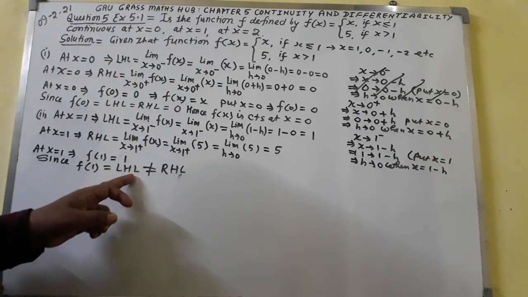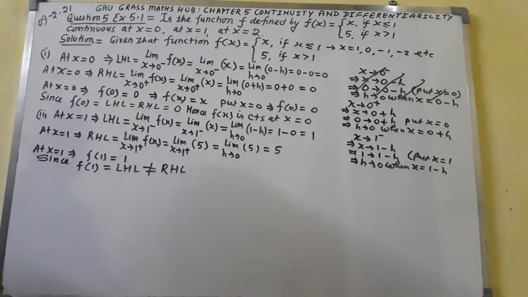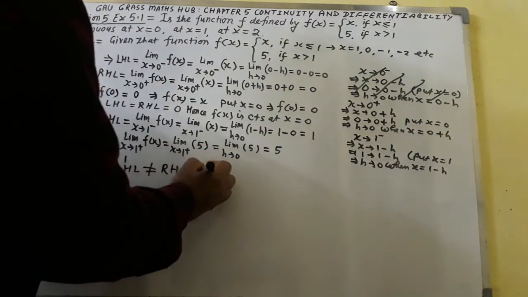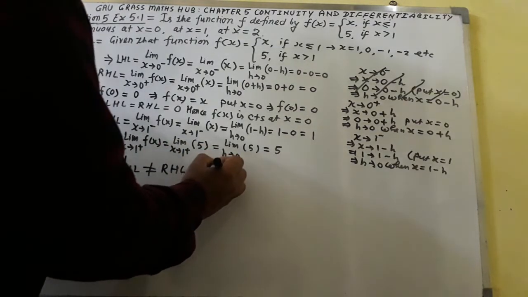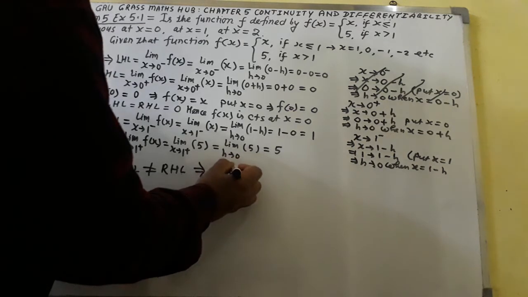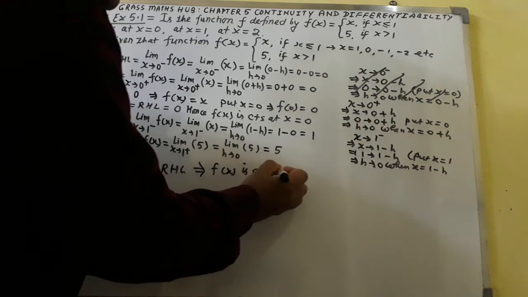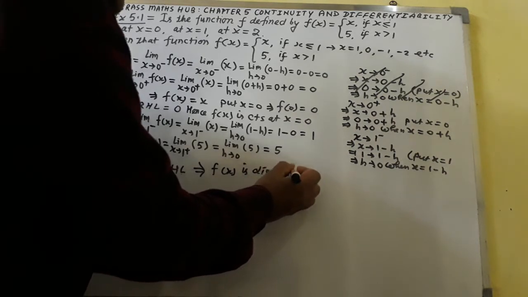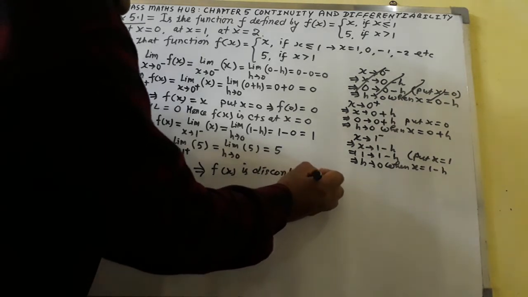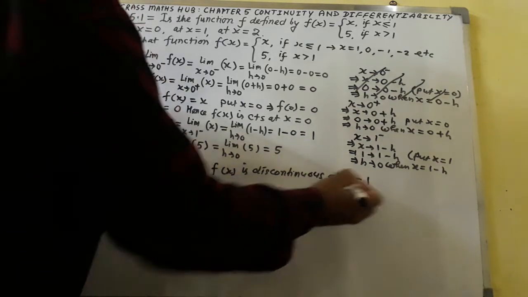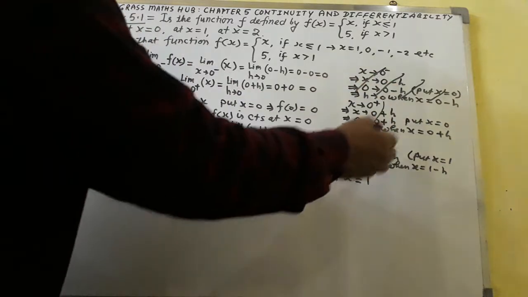That's why I can write very well that f(x) is discontinuous at x equal to 1. This is the rough work. You can cancel it.